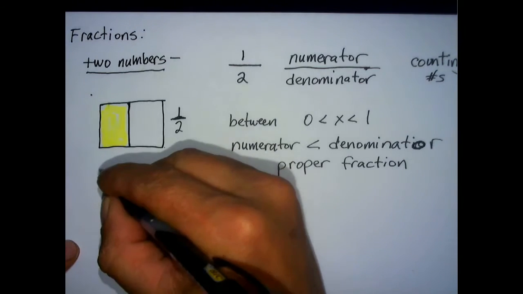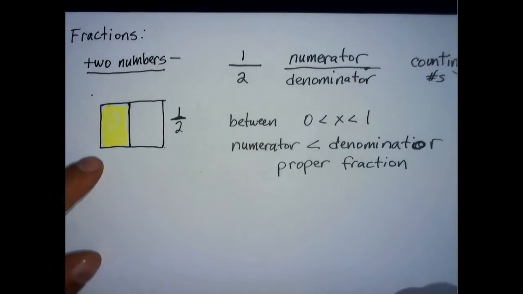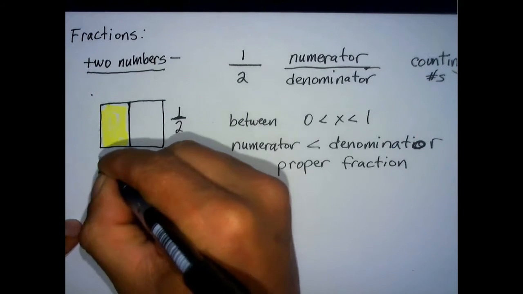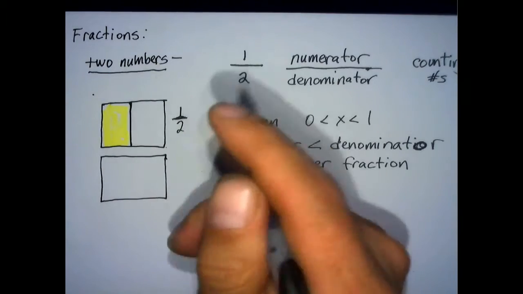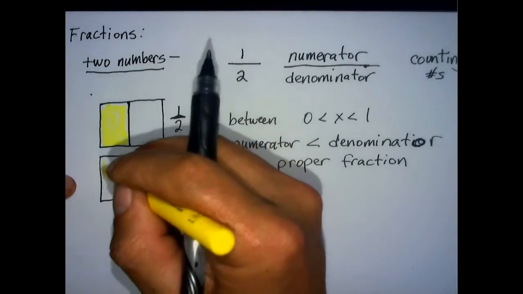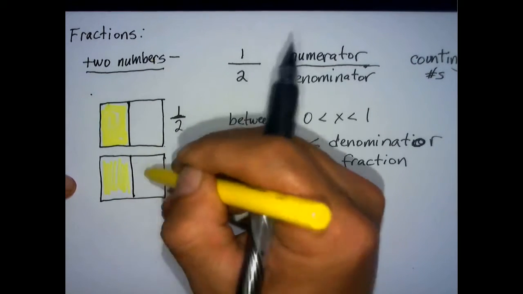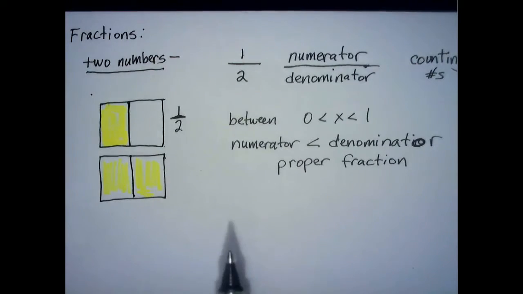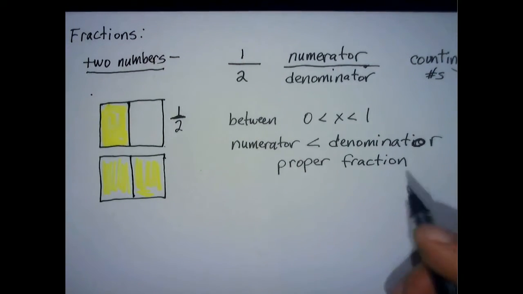But what happens if I have 3/2 of something? In other words, all these are the same size, but I have 3 of them. I'll just pretend those are shaded in perfectly. I don't want to waste ink or time drawing.